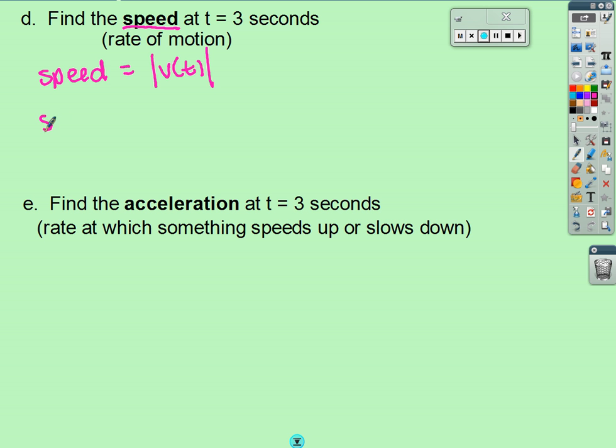So in this case, the speed of the particle is equal to the absolute value of the velocity at 3 seconds. And we found the velocity at 3 seconds to be -9. So the particle is moving 9 feet per second when time equals 3. The speed of the object is 9 feet per second.